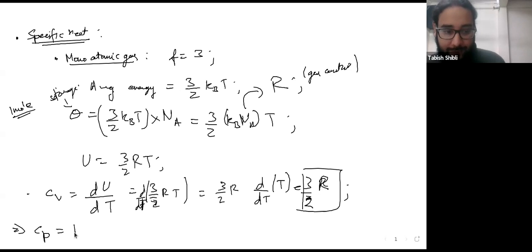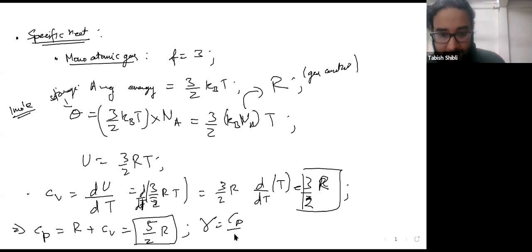Cp is R plus Cv, so this is equal to 5 by 2 times R. And hence gamma is Cp by Cv, which is 5 by 2 R divided by 3 by 2 R. The R and the 2 cancel, so this is just 5 divided by 3.